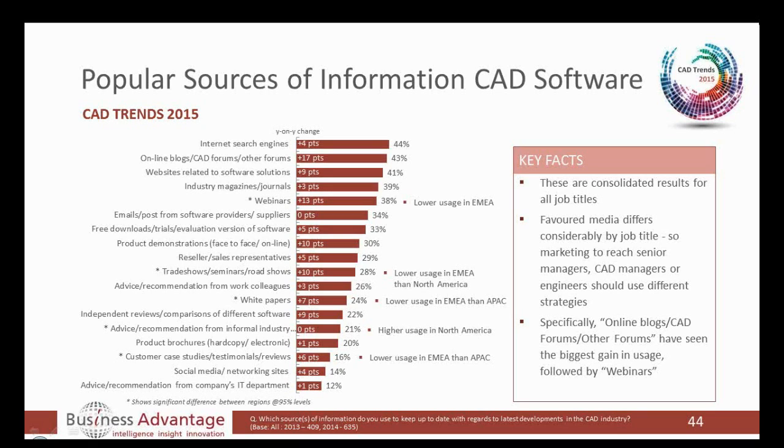Some have stayed the same, 1 or 2, but the vast majority increased. So again, there is an increasing drive in the market for more information. More people are going to different sources and increasing their usage of them to inform and educate themselves about CAD software.